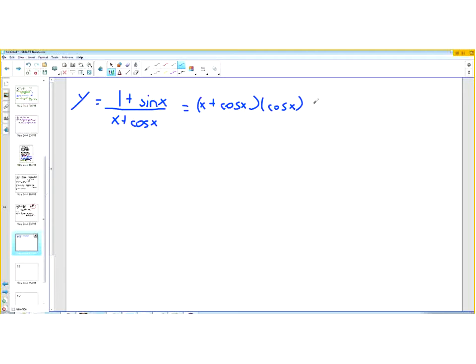Okay, notice how I'm able to skip steps because I have knowledge of how to take the derivative of a sum of functions, minus the top function times the derivative of the bottom function, which is 1 minus sine x, all divided by the bottom function squared, which is x plus cosine x squared.